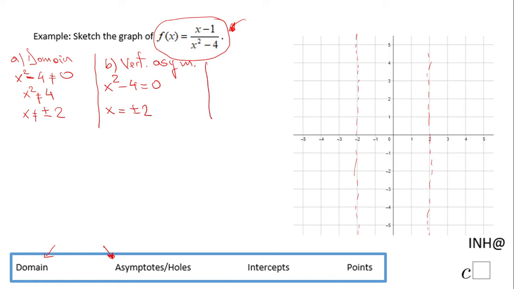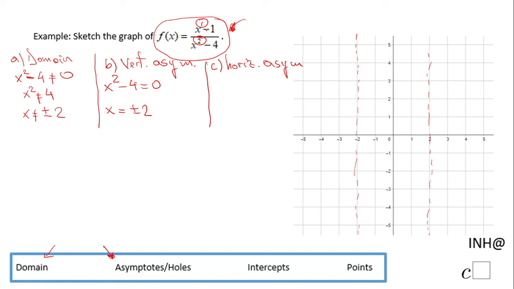Let's go to the other asymptote, which is the horizontal asymptote. In this case, for finding the horizontal asymptote, we need to take a look at the degree of the numerator, which is 1, right, the invisible one, and the degree of the denominator, which is 2.